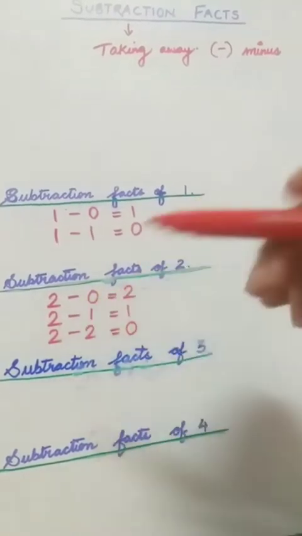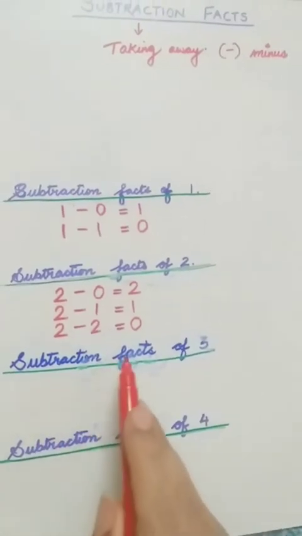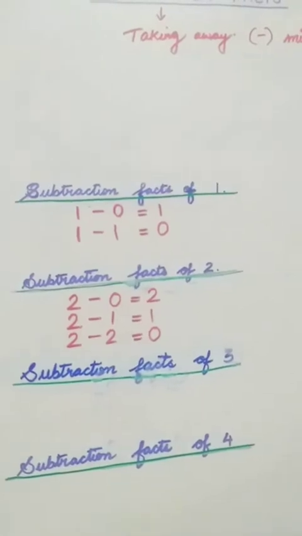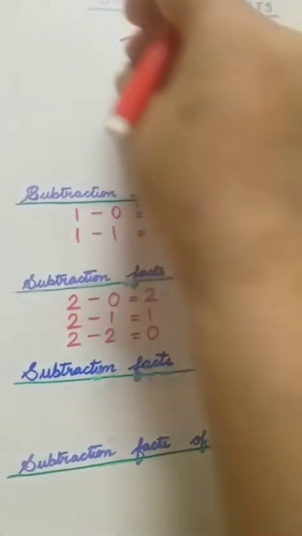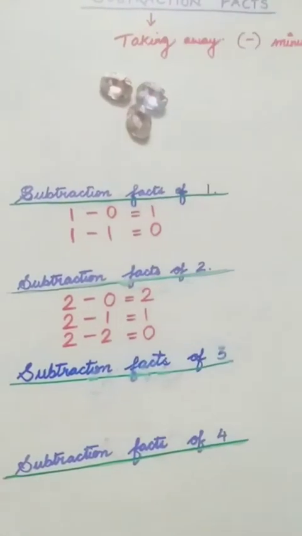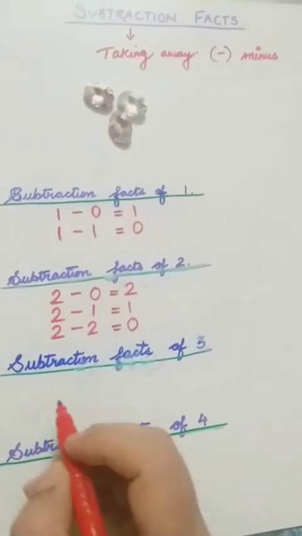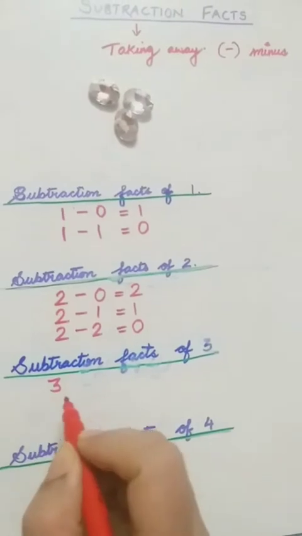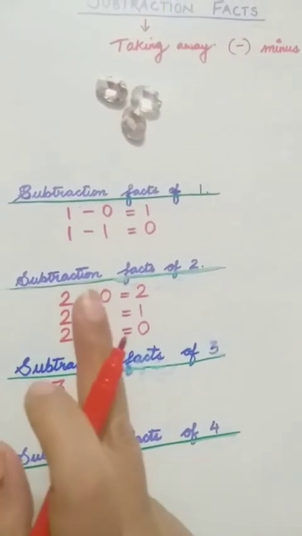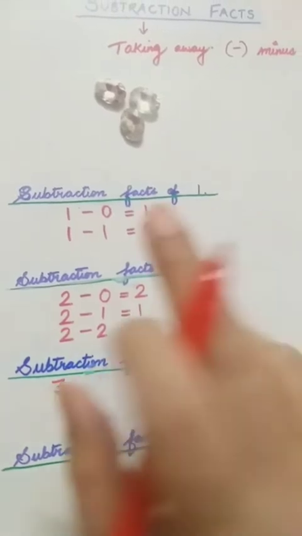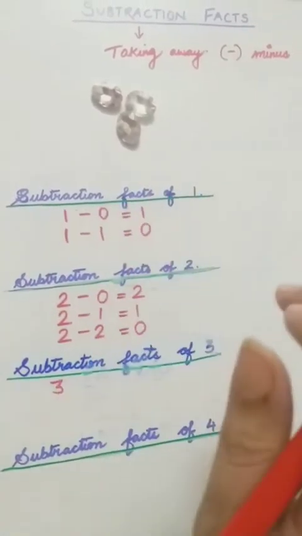Now let's move on to the subtraction facts of 3. So for this we need 3 buttons. So we will keep here 3 buttons. So our first number will be 3. From 3 we have taken away nothing. We are not taking away anything from these 3 buttons.